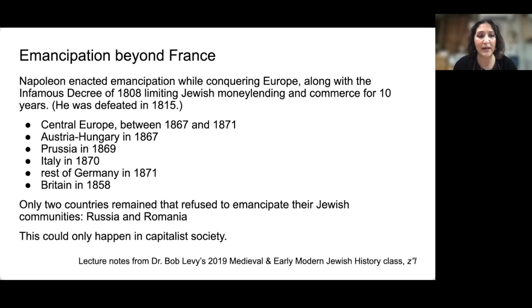So emancipation came in Central Europe between 1867 and 1871: in Austria-Hungary in 1867, Prussia in 1869, Italy in 1870. The rest of Germany, remember, it wasn't one country at the time, was 1871, and Britain in 1858. Only 2 countries remained that refused to emancipate their Jewish communities, Russia and Romania. And this could only have happened in a capitalist society.